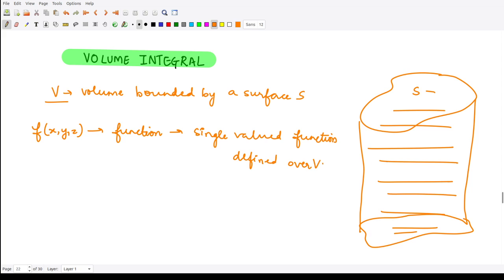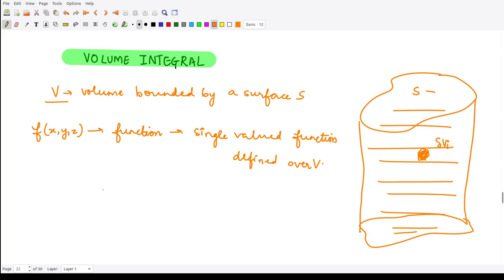What we do is divide this whole volume into n parts. Suppose I am taking one small portion of this volume as this one. I am calling this volume delta Vi.